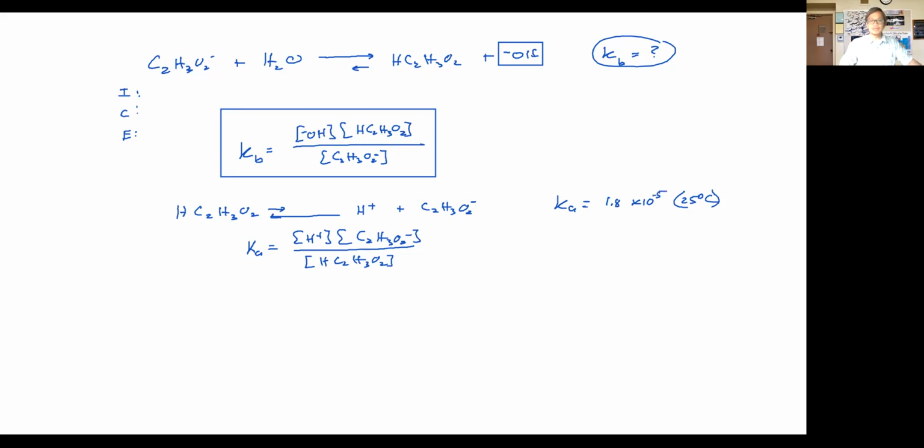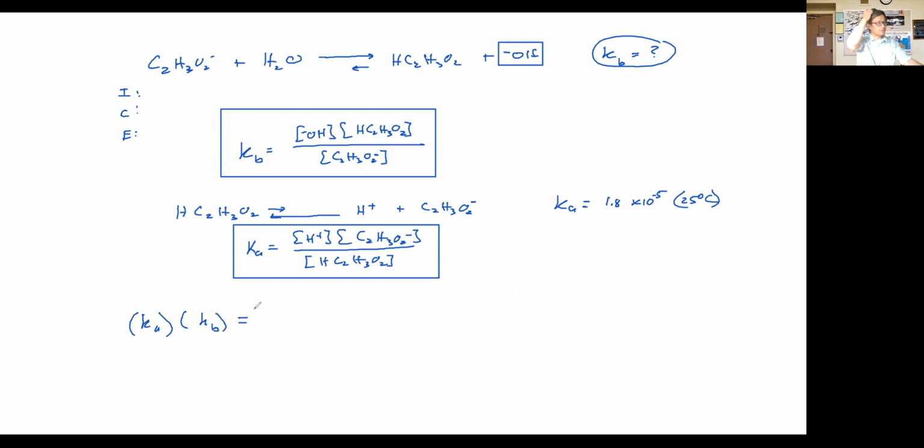So with that said, what can we do here? I've given you the law of mass action for this process, and this is the law of mass action for this equilibrium here. Let me do something really quickly and combine these together. Let's multiply these two terms together, Ka times Kb.